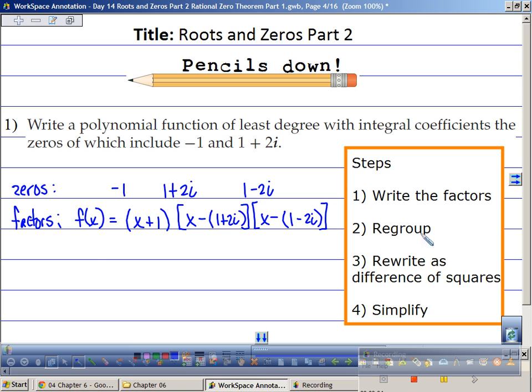Second step, regroup. All right, so I'm going to regroup this. I have an x minus, I'm going to distribute this negative, and at the same time, I'm going to regroup the x and the 1 and get the 2i by itself.